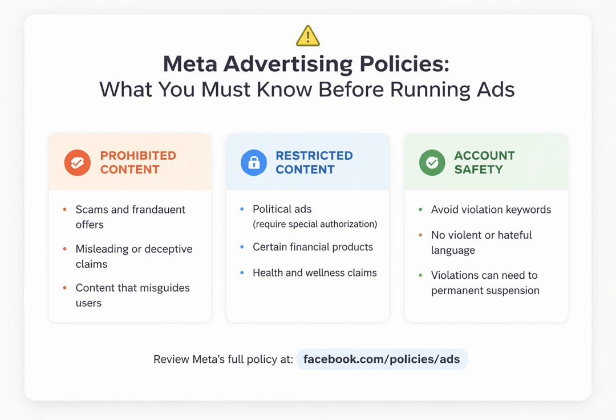There are restricted categories, like political advertising, which requires special authorization. And there are behavioral rules around the language you use in your ads. The instructor shares from personal experience. If you use certain words, even accidentally, Meta can suspend your account immediately. And once suspended, getting access back is extremely difficult, even if you appeal.